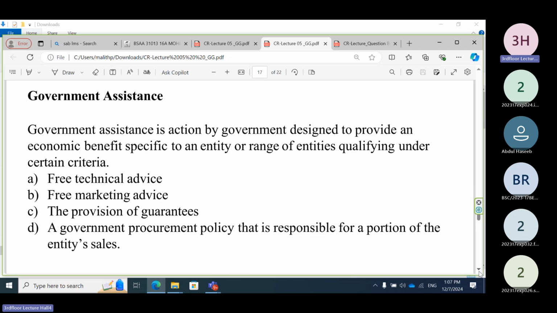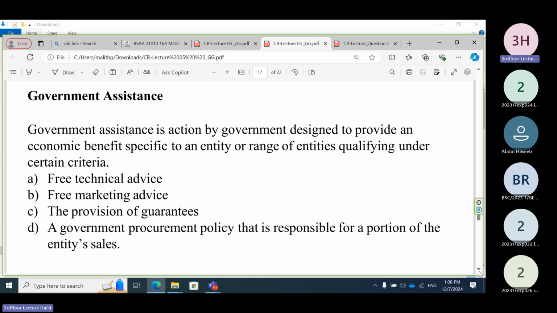So the recognition criteria and the basic measurement is measurement of the government grant. Maybe capital approach or income approach. Income approach should be decided based on the given conditions, given commitments within the period of time. Right.